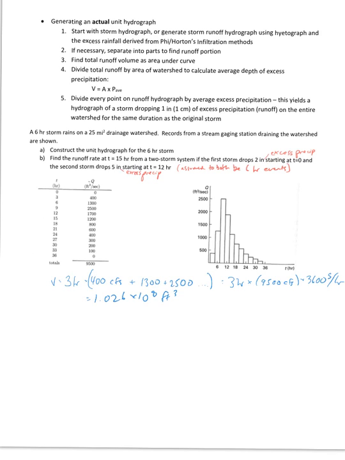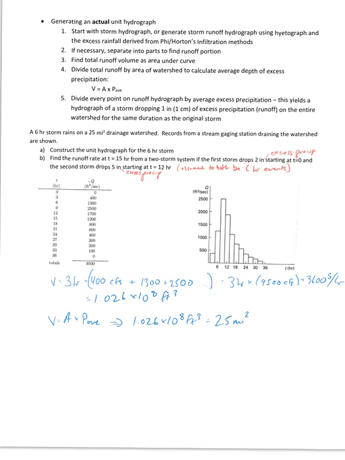That was step 3. Now we need to divide the total runoff by the area of the watershed to calculate the average depth of excess precipitation. So V equals A times P average. We have 1.026 times 10 to the 8th feet cubed equal to our area, which was 25 square miles.